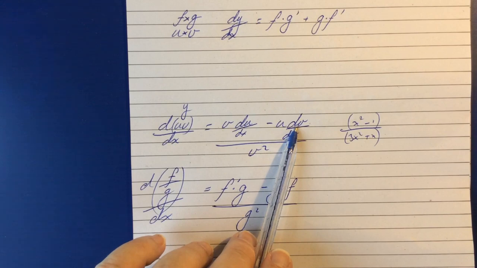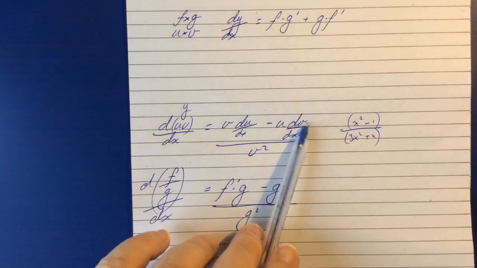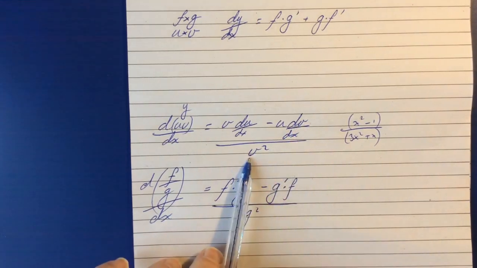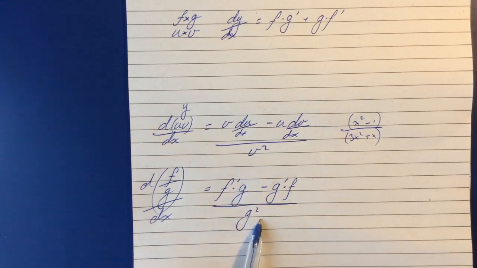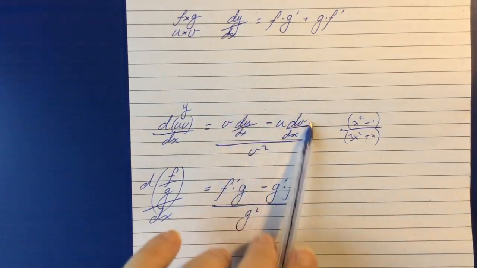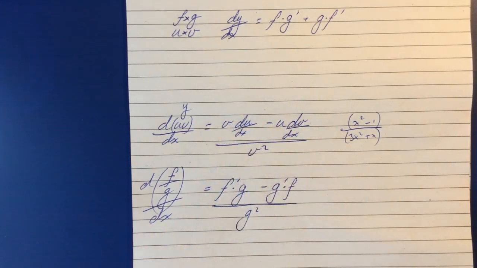There's f, there's g, the derivative of g, all over v squared, all over g squared. That and that are easy to remember. It's up here that people struggle.